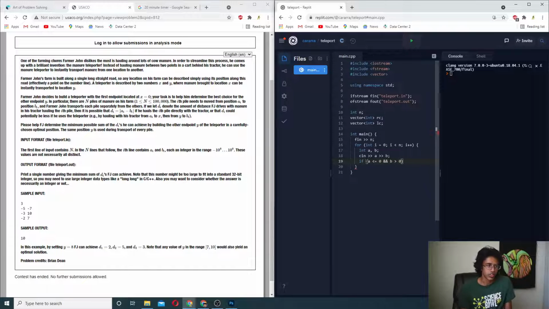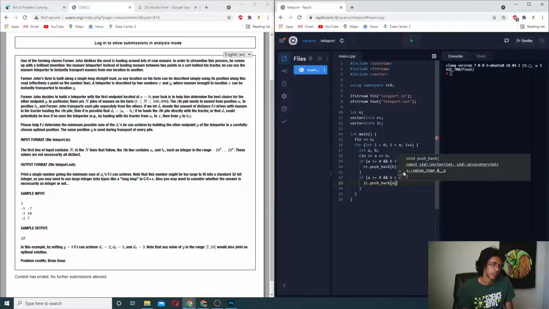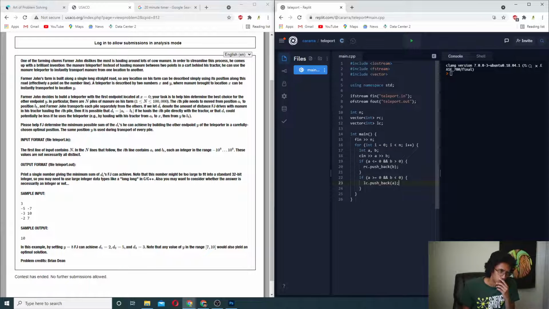So in that case, you want to do rc.push_back b. If a is greater than or equal to 0 and b is less than 0, that means it crosses left. Then we do lc.push_back b. So now essentially we want to sort our RC.